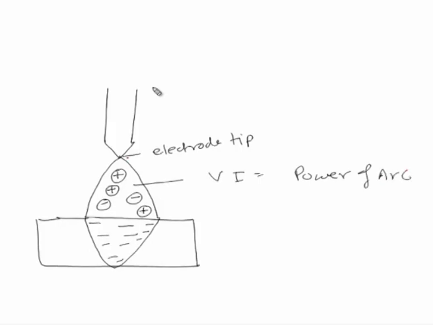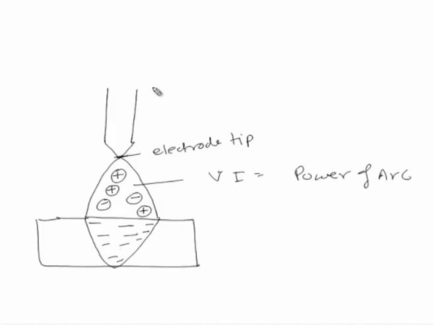This heat generated in the arc region varies with the location, from the electrode tip to the base metal axially, and radially also, that is, away from the axis of the arc.